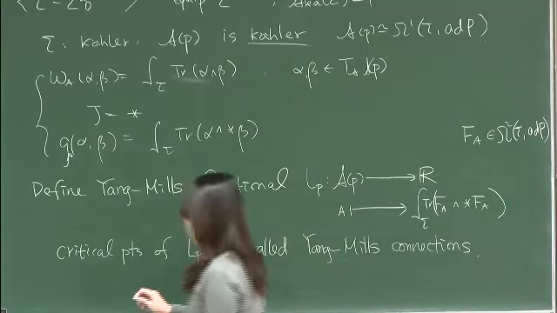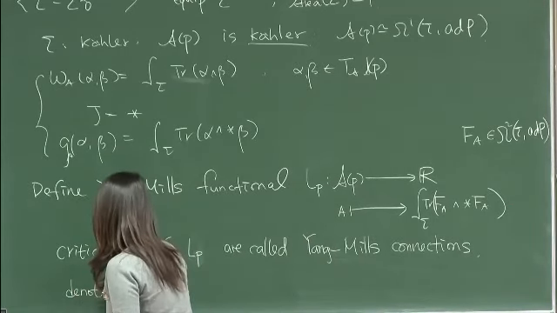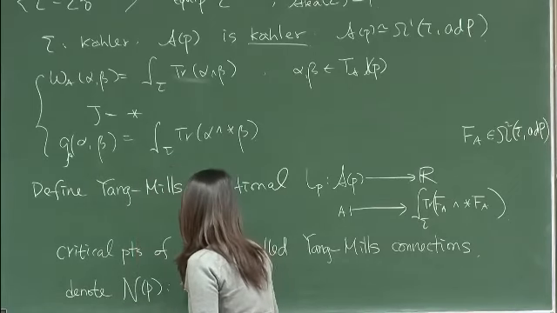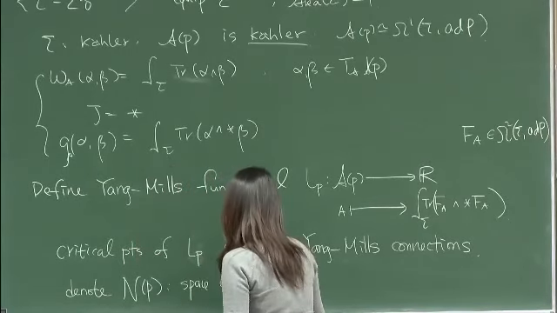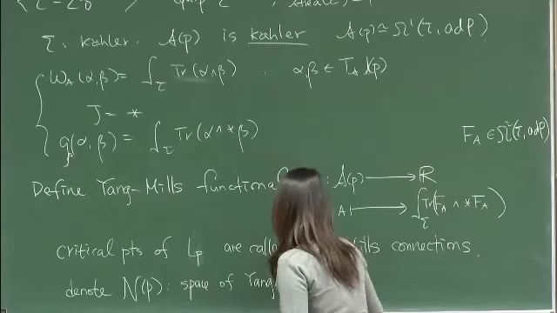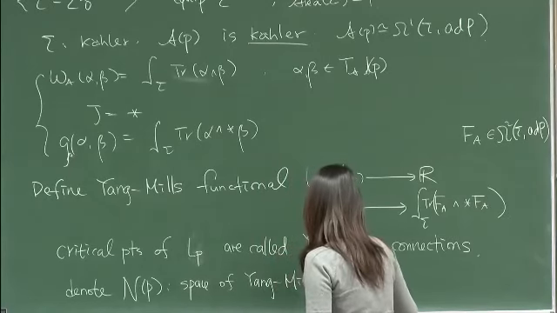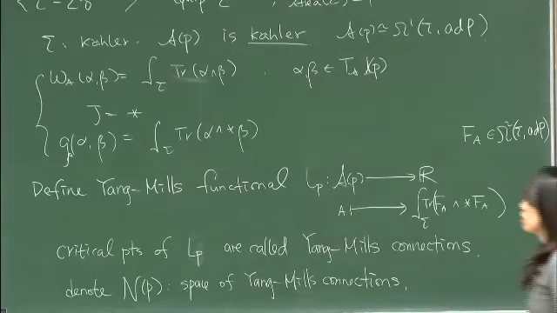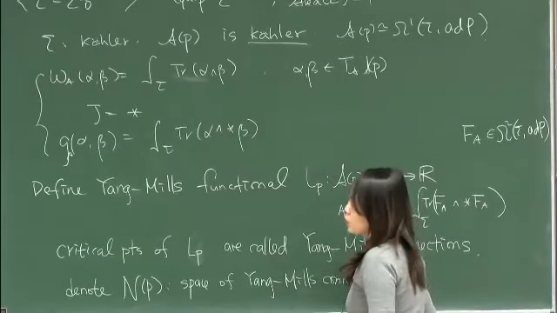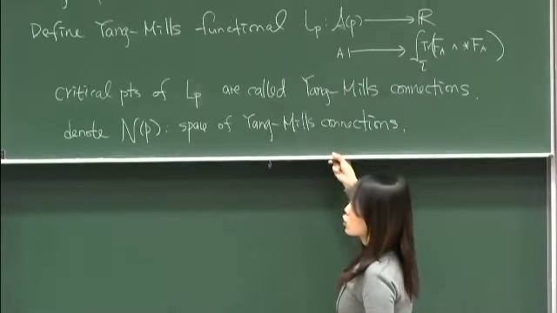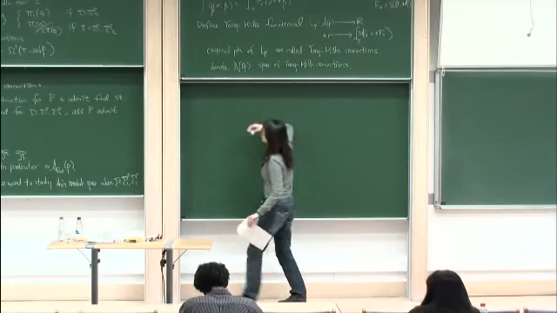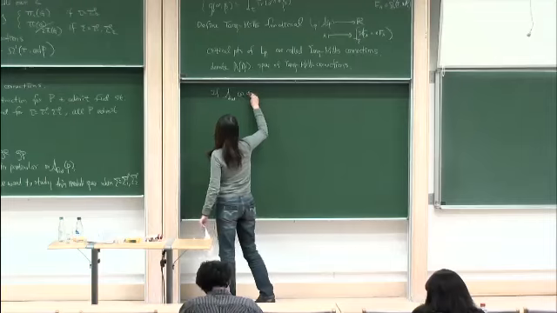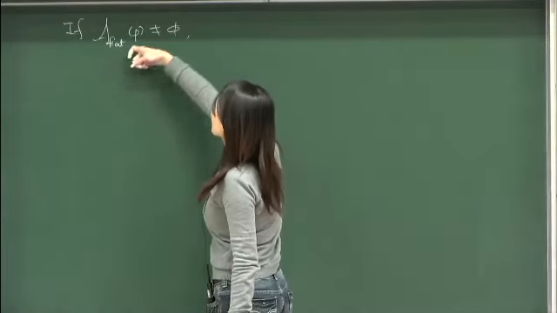And so we denote this NP to be the space of Yang-Mills connections. Naturally, if the principal bundle admits flat structures, so if flat P is non-empty, then this lies inside of that.